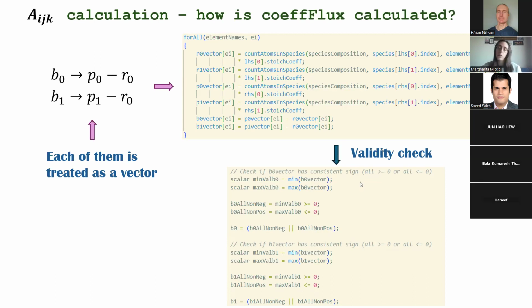Instead, if the maximum is lower than 0, it has all non-positive components. If this is true, then we can find a B0 which is valid, and we will have a group transfer. And the same we do for B1.